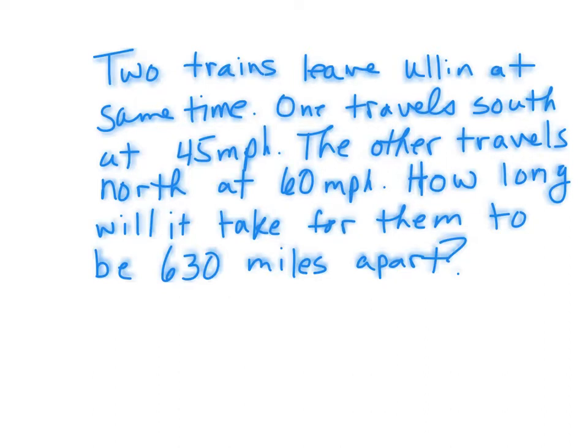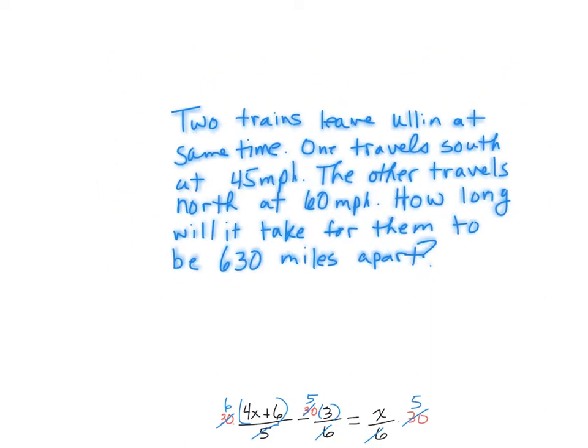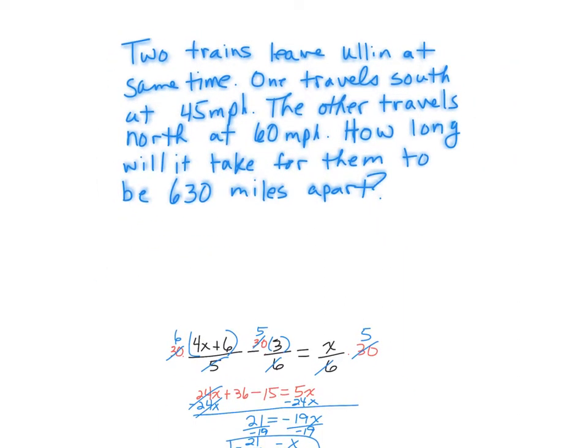Okay, so on all these motion problems, the way I usually set these up is I draw a line representing both trains. I've got one going north, one going south, and I label on each one what I know.